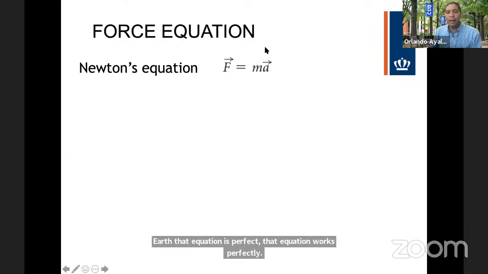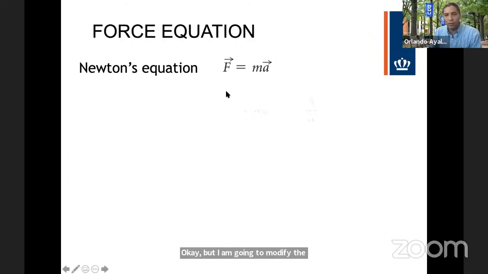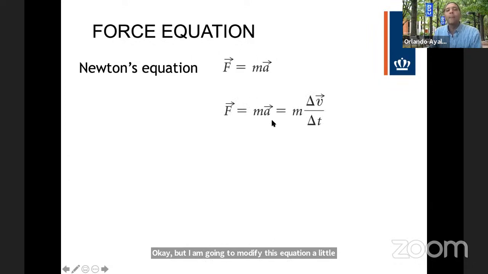Okay, but I am going to modify this equation a little bit, using something that you know as well. Acceleration is the change of velocity per unit time. Why am I about to do this?